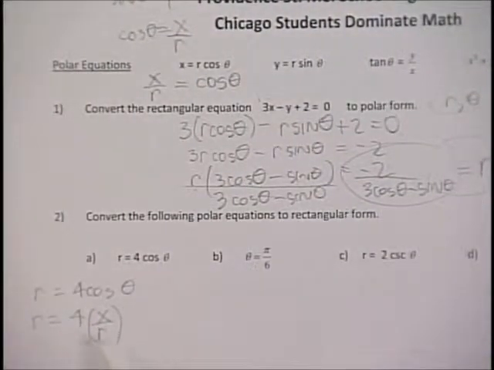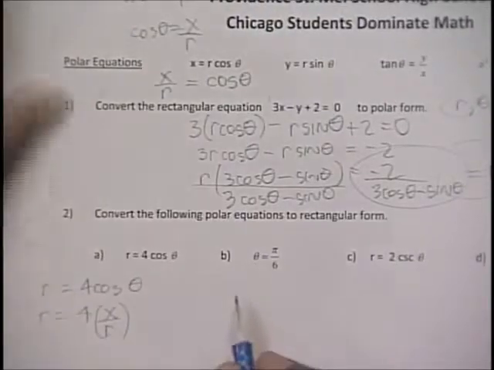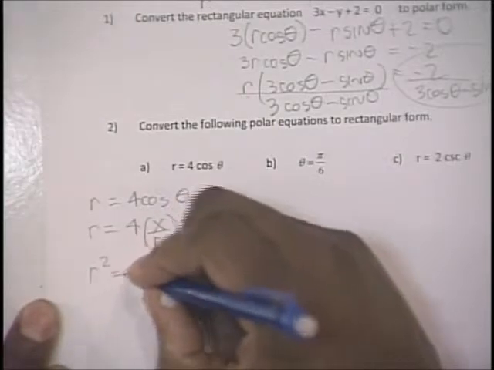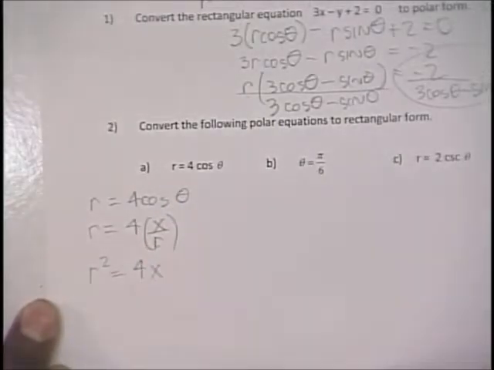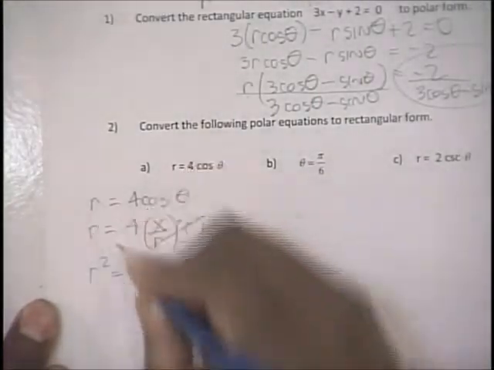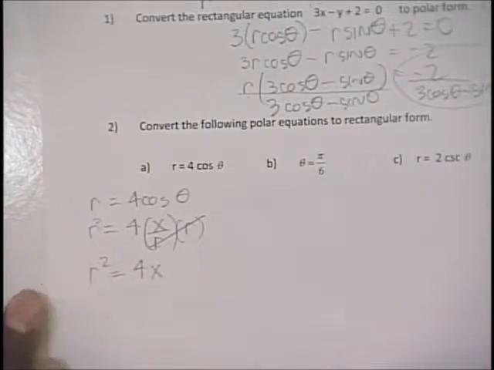Now what you could do is multiply both sides by r. If you multiply both sides by r, it gets this r out of the denominator. You get r squared is equal to 4x, because this r cancels on this side, and on the other side you get r squared.